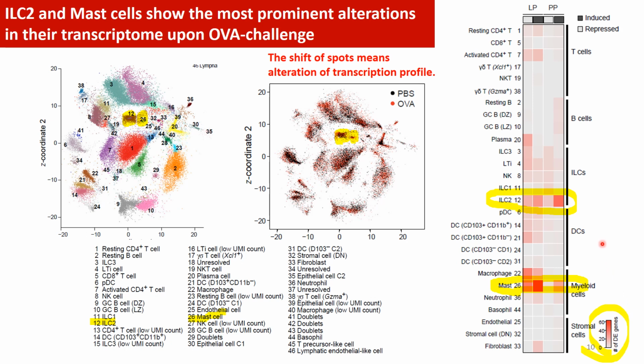As you can see, the darker the color, the more dysregulated the gene expression. ILC2 and mast cells have the most prominent differentially expressed genes upon OVA challenge. And in the middle, you can also see a shift in the OVA group versus the PBS group in cell types 12 and 26.